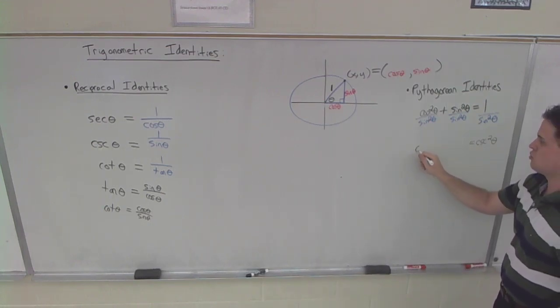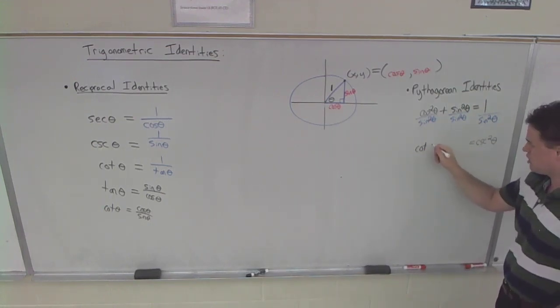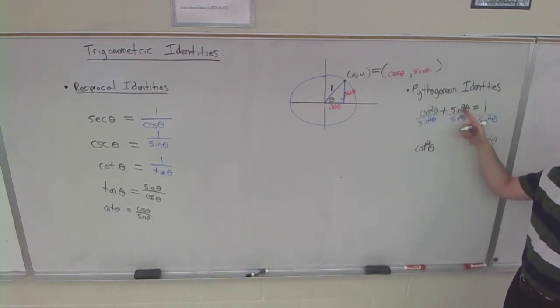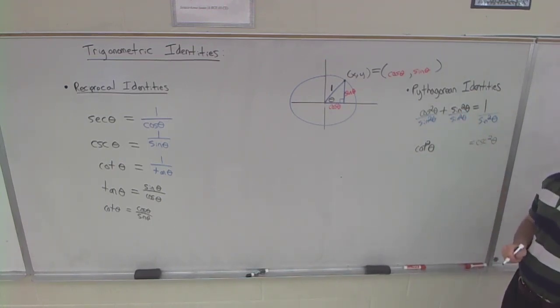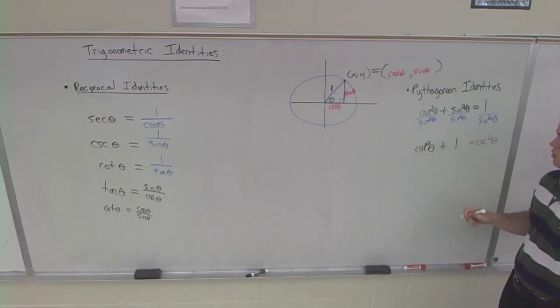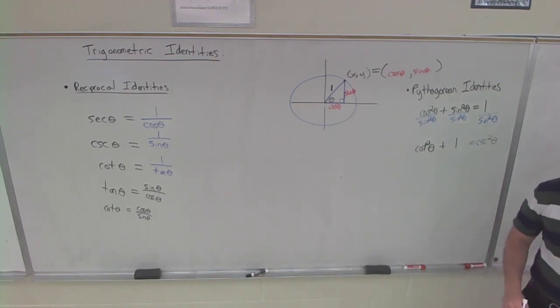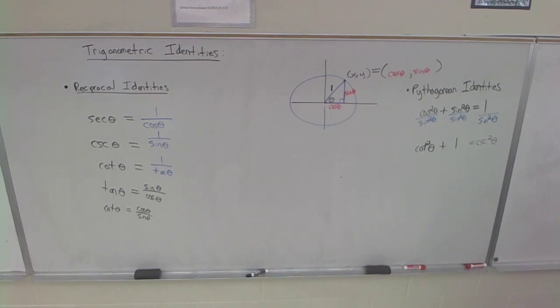Cosine over sine is cotangent. So cotangent squared. And what's this? 1. There's another Pythagorean identity. I always screw up where the 1 goes, you know what I mean? So if I ever need these for sure, I write this down and I divide by the thing I want to get what I need.